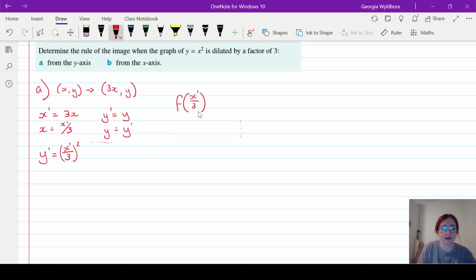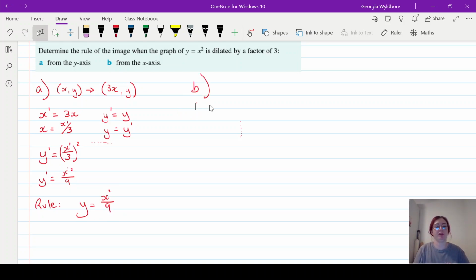So we're subbing in that x dash over 3 into our equation. And then we would want to simplify that. So y dash would be x dash squared over 9. And because we're actually finding the rule of the image, we just take away the dashes. So our rule is going to become y equals x squared over 9.